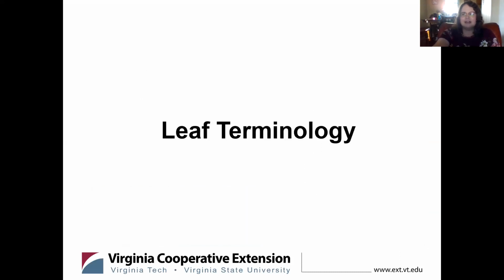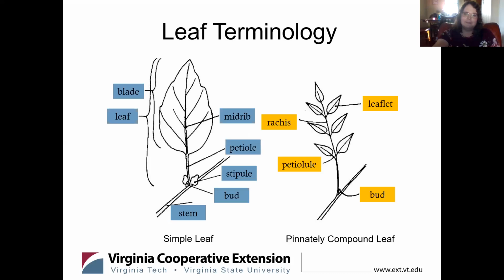So leaf terminology. Let's get into that a little bit. So we have a very, very complicated looking diagram that just popped up on the screen. So we have a simple leaf. That is the terminology used, simple leaf down here. That is all in the blue. A simple leaf has a single leaf blade.